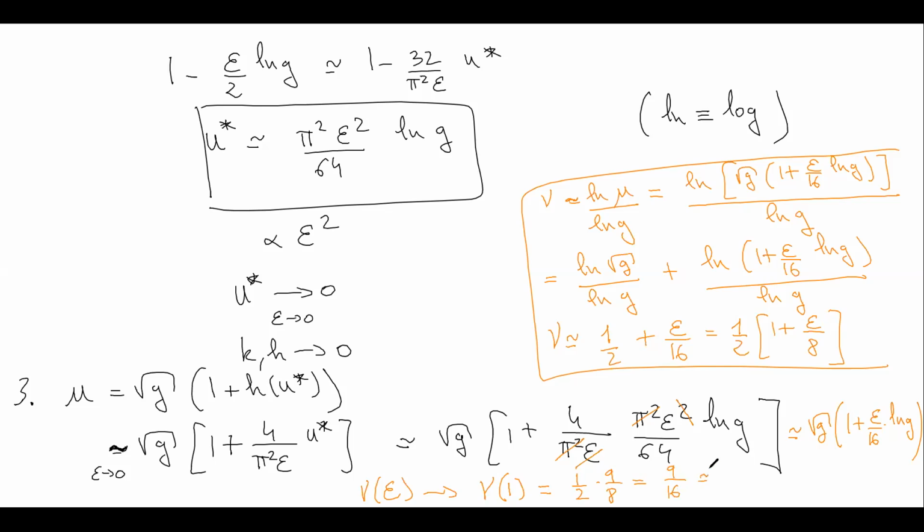And if you compute that, it's close to what we want, I guess. It's 0.56 and something. It's not so far from the Flory exponent, 3/5. It's a bit smaller, but it's not so far.